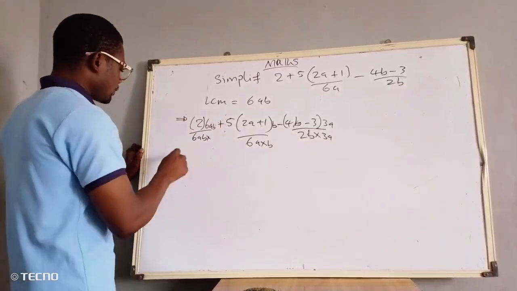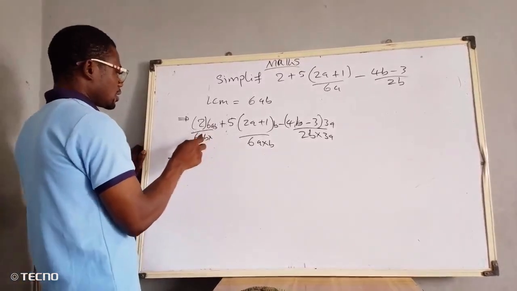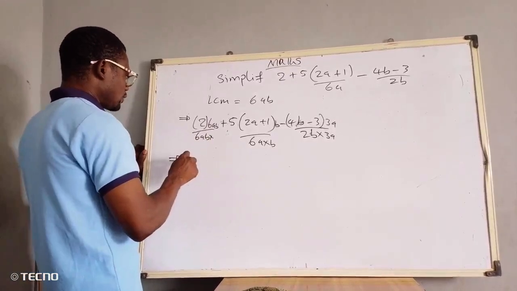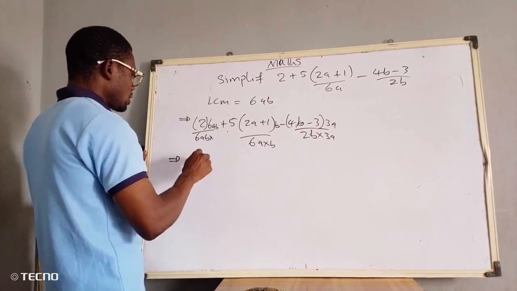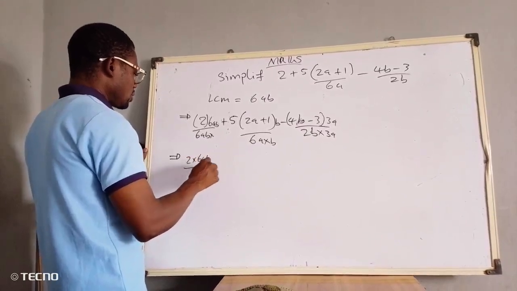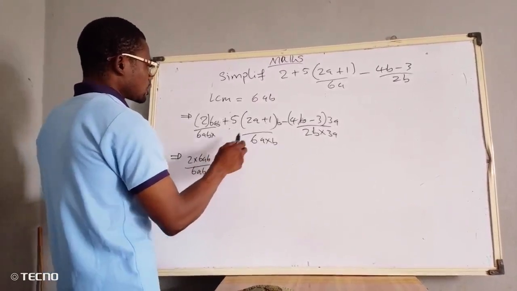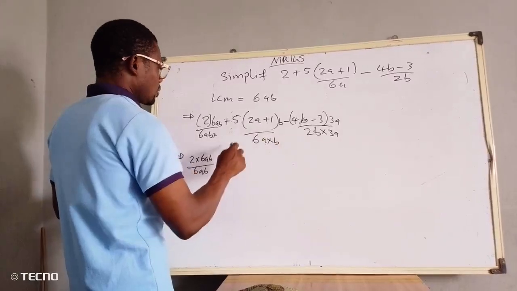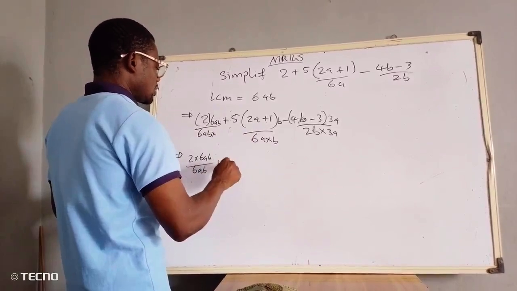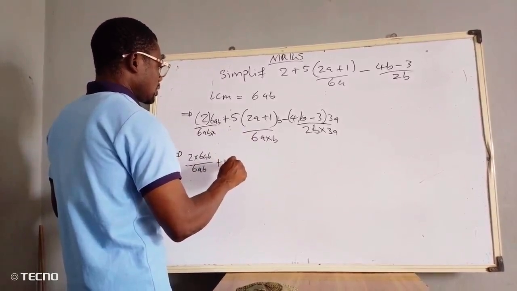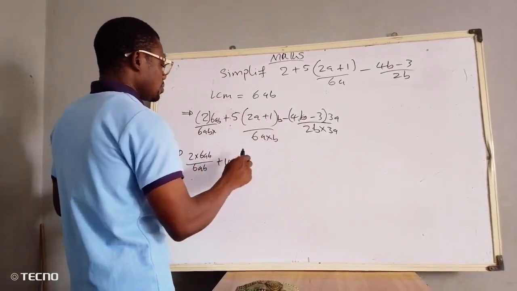I hope you understand. Such that I will have 2 multiplied by 6AB all over 6AB plus this one, the 5 times this is 10A plus 10AB.